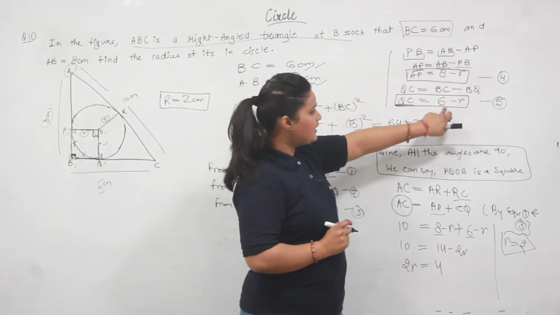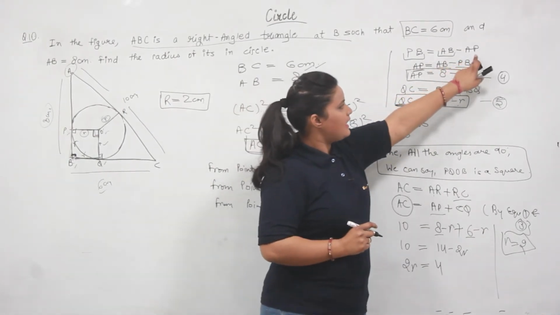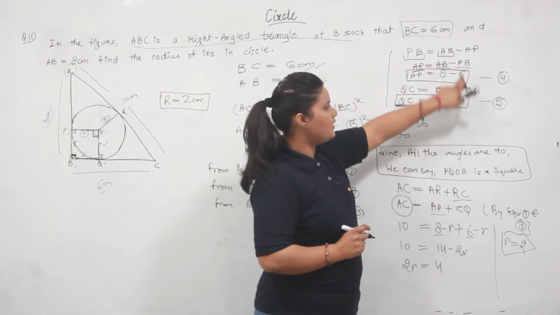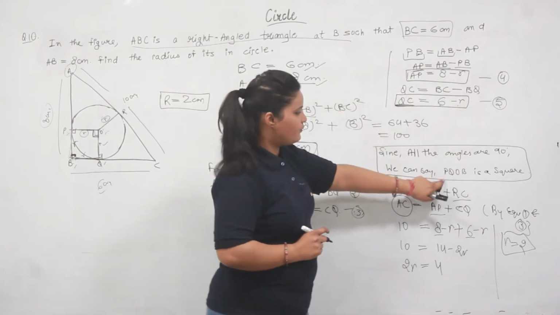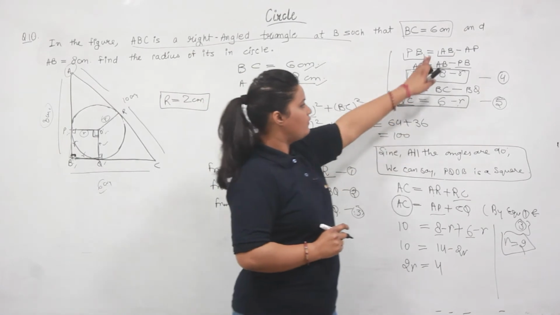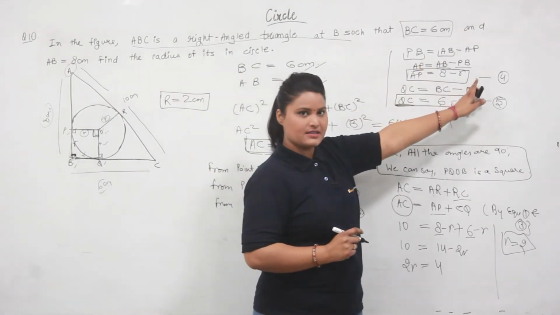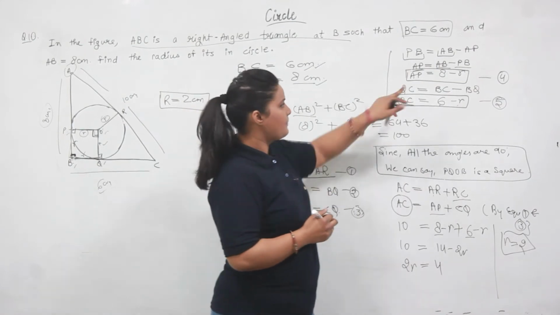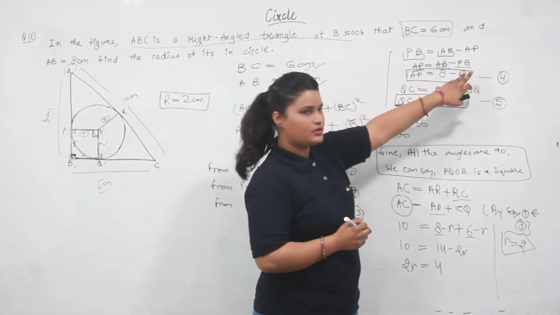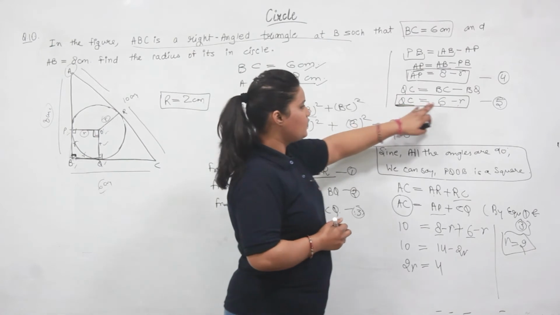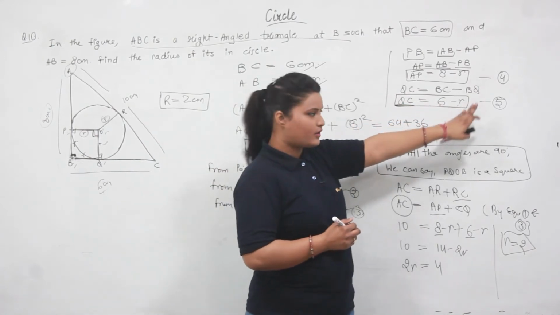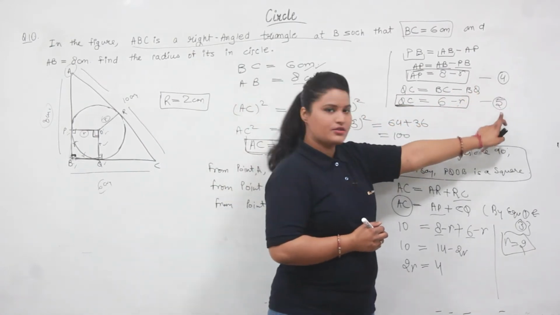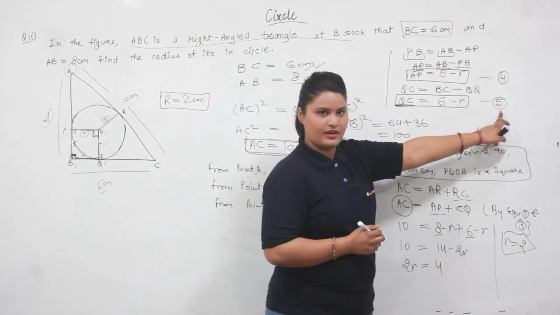So we can directly put the value, and since PB and BQ are equal to R, we have proved it in this part. So I can write AP is equals to 8 minus R and QC is equals to 6 minus R. Now I have given them equation 4 as well as equation 5.